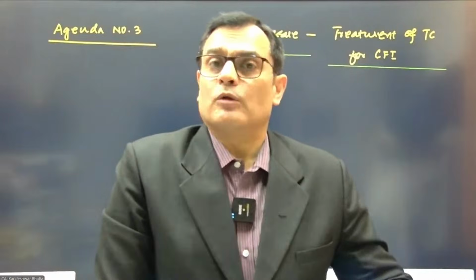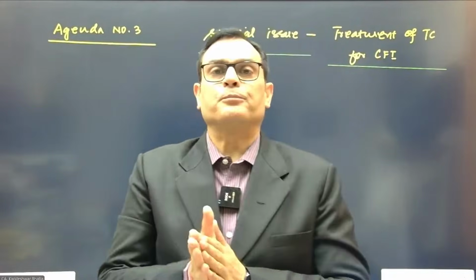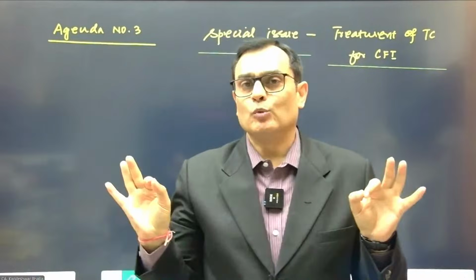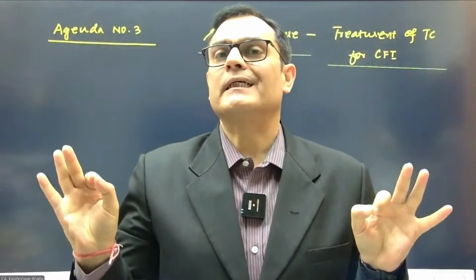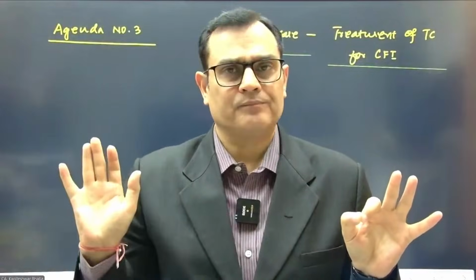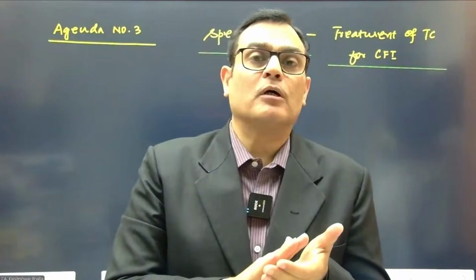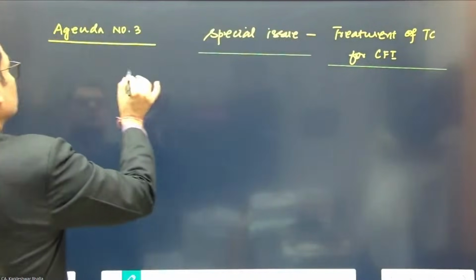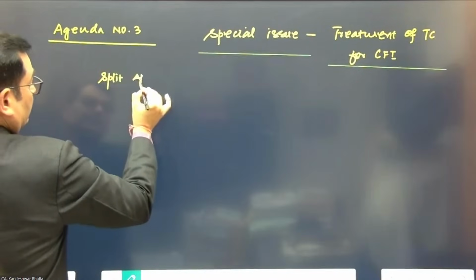Now, I told you one thing very clearly: when you are looking at the presence of a TC, don't get worried about the TC at the start. Forget about the TC. You just do the split accounting in the usual manner. So first we do the split accounting, which I think we already did.